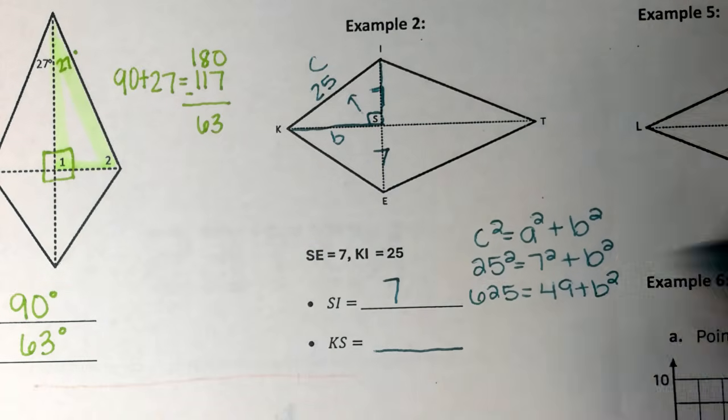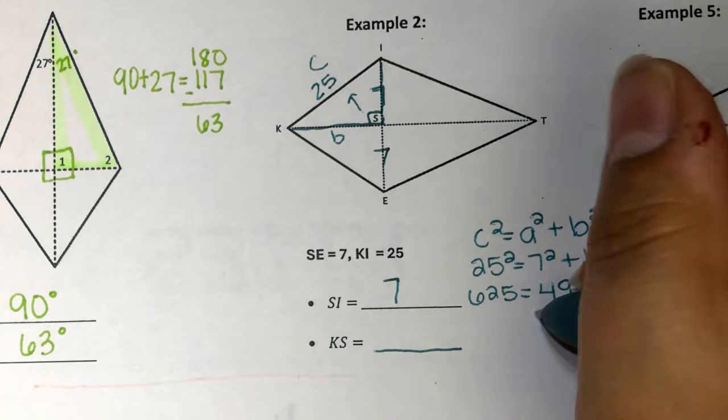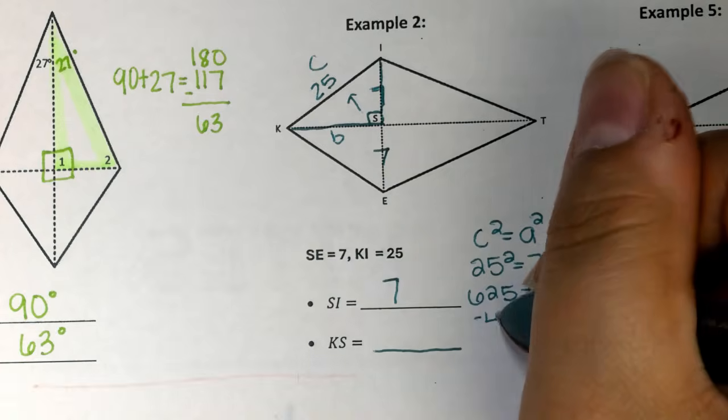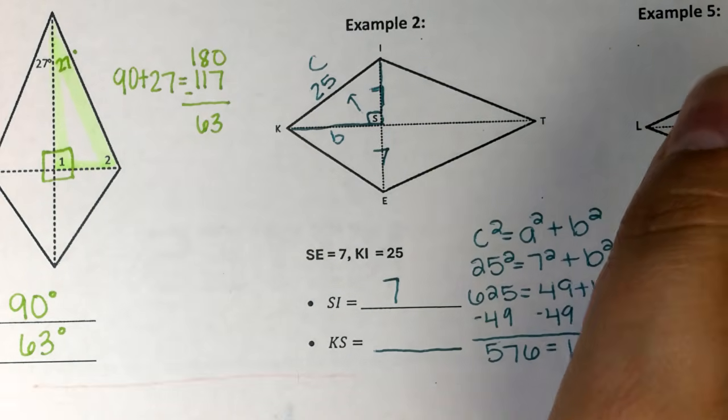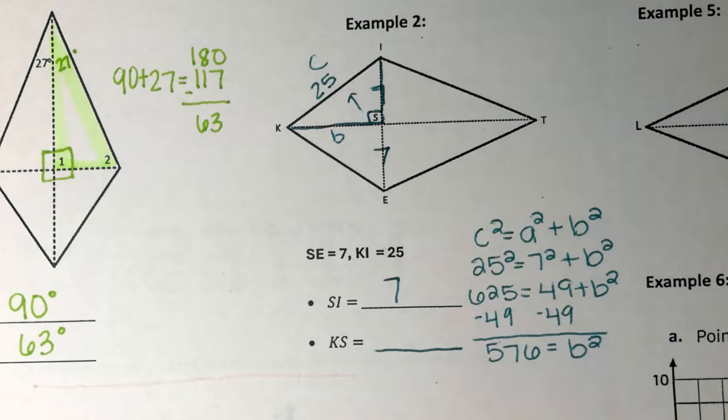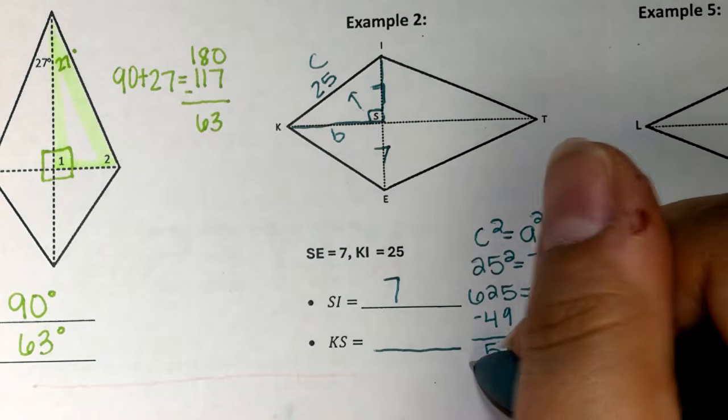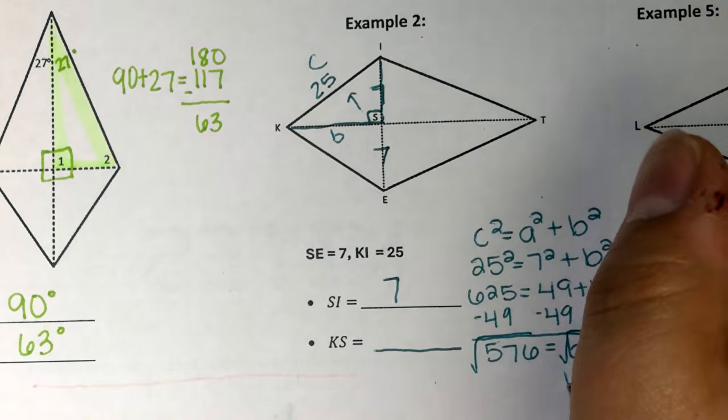And what do I do to get B by itself? 576 is B squared. Square root it. And what is B?